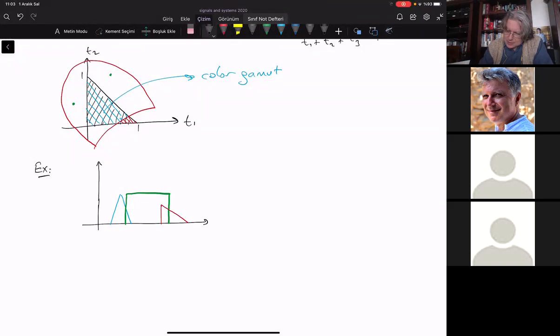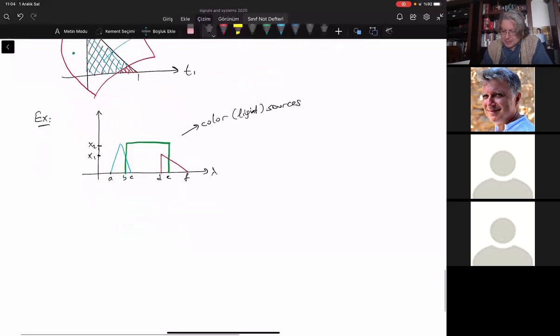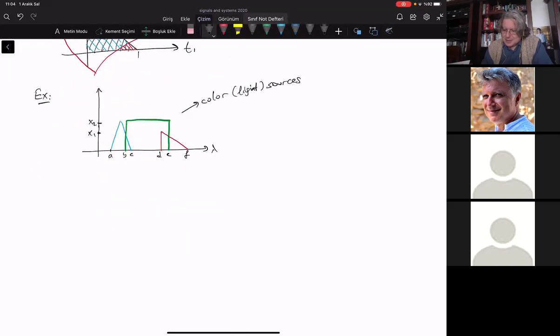These are the color sources or light sources. These color sources are like your lamps. Okay, you have these 3 lamps. These points are given to you as A, B, C, D, E, and F, over the wavelength. And this intensity is x1. This is x2. I will give you some numerical values for this. And then these are the color sources.